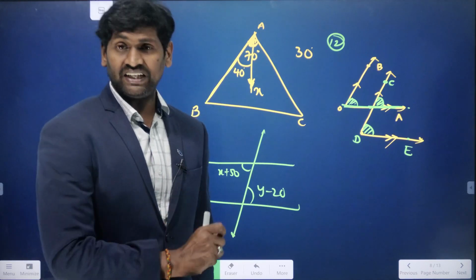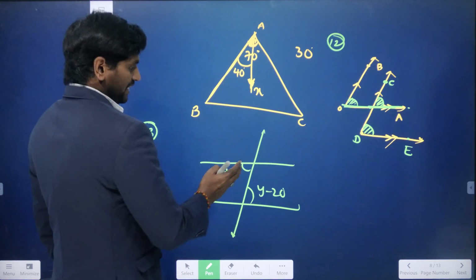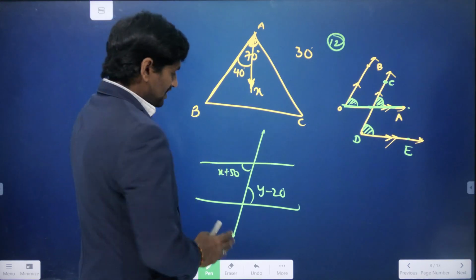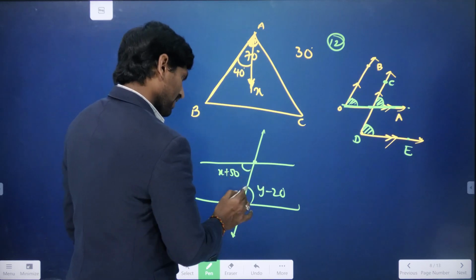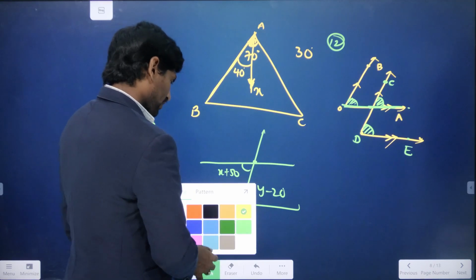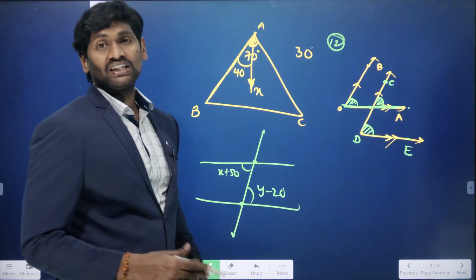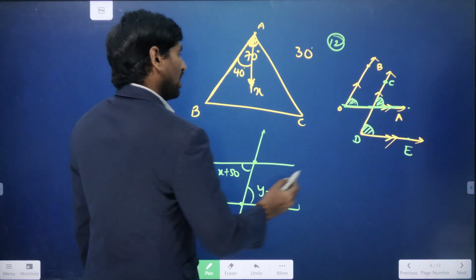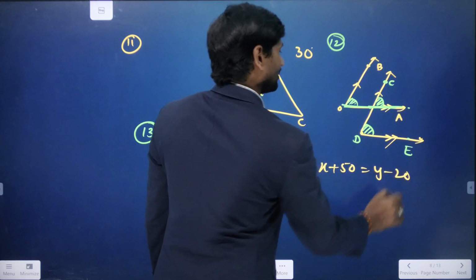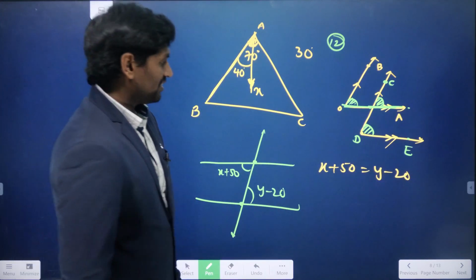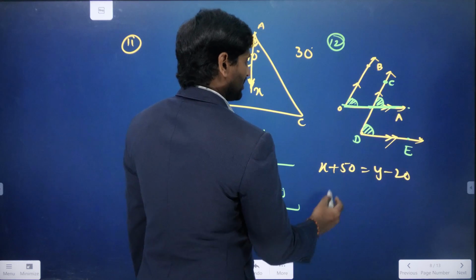Both angles are interior angles and one is placed on the left side of the transversal, the second one on the right side of the transversal at distinct points. So from this we can say that these two are alternate interior angles. Alternate interior angles are equal for parallel lines.